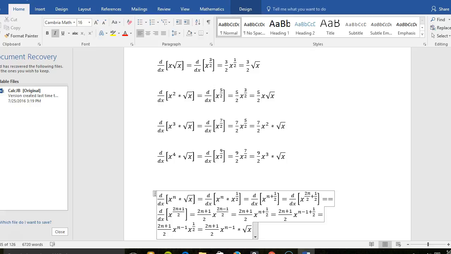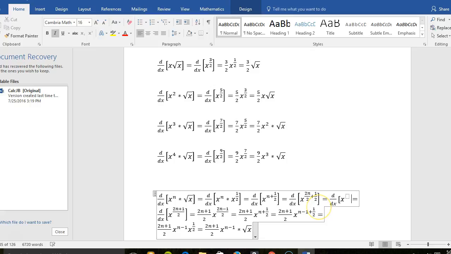Now that we have a common denominator here and a common denominator here, we can bring this and this together.